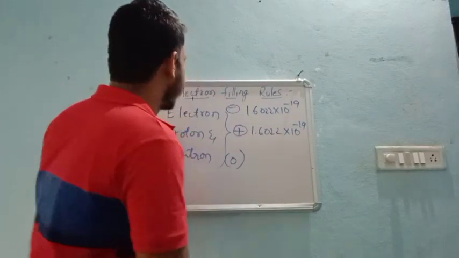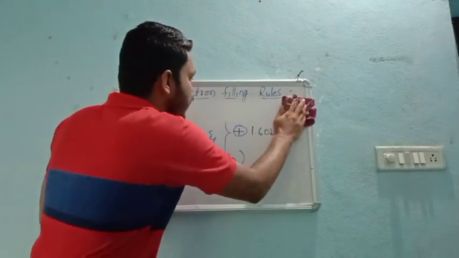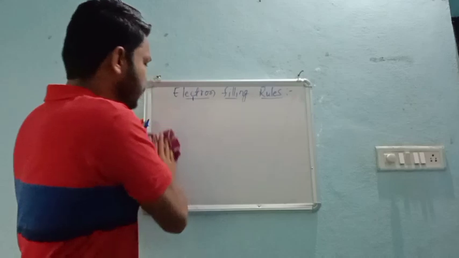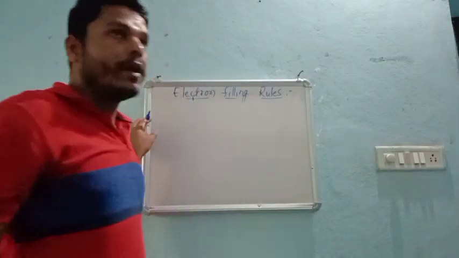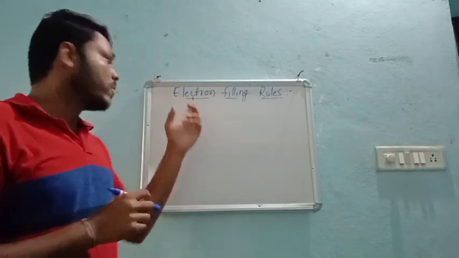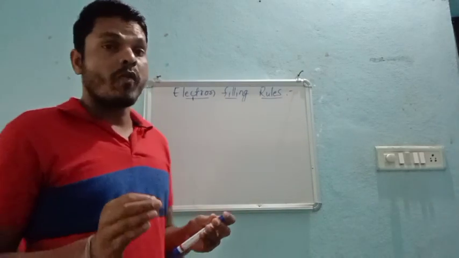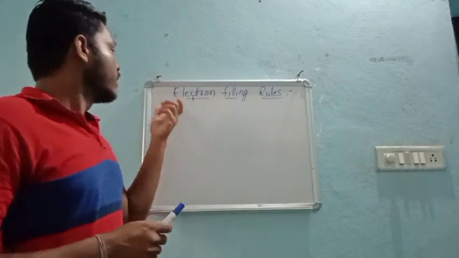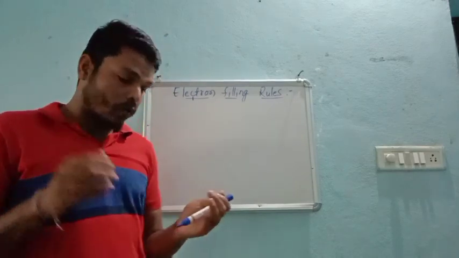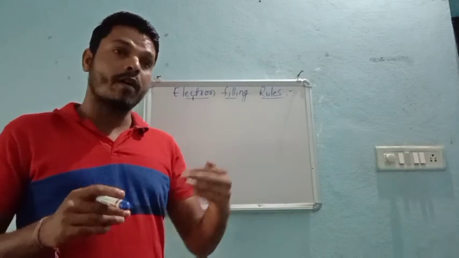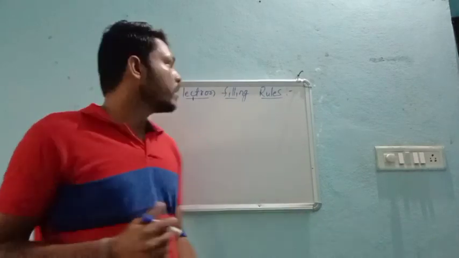In today's class, very importantly, after knowing some of the characters and the behavior of the electron, we will study how to fill these electrons into the atom or the shells of an atom.